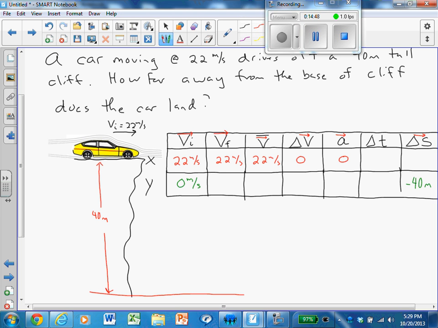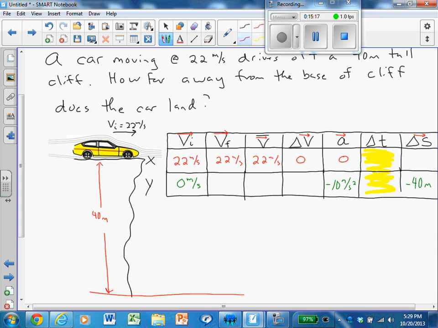Now the nice thing is, the thing that links these x and y, since it's the same object, is the time. The time is the same in the x and in the y, since it's the same object traveling. So we also know what a is in the y, since it's accelerating due to gravity.